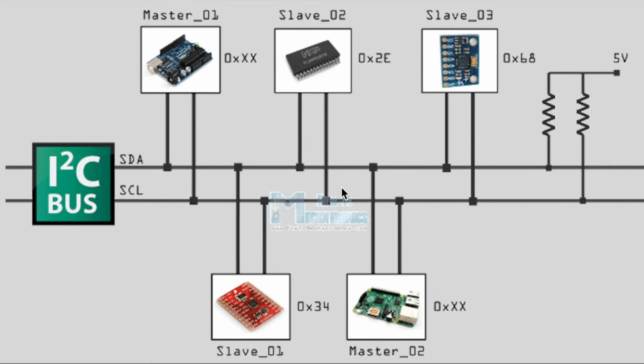So when the special start condition happens, the first 8-bit sequence happens. It indicates the address of the slave to which the data is being sent. And then after each 8-bit sequence, an acknowledge bit is sent.